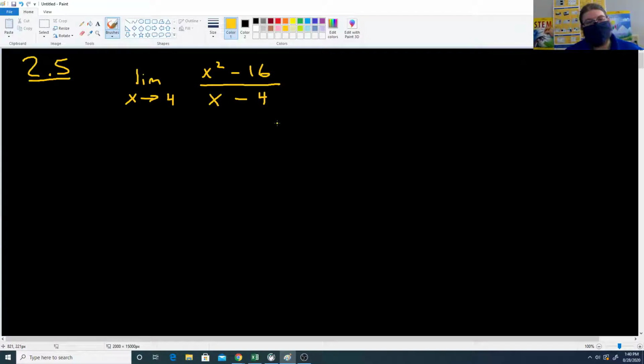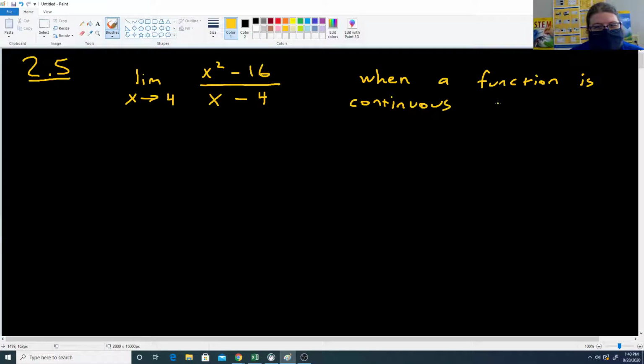And we saw whenever a function is continuous, we can use substitution to evaluate the limit.